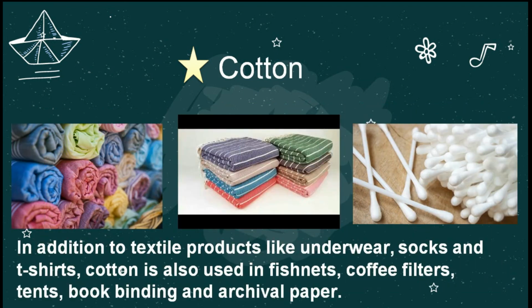Cotton, in addition to textile products like underwear, socks and t-shirts, cotton is also used in fishnets, coffee filters, tents, book binding and actual paper, as you can see in the picture.